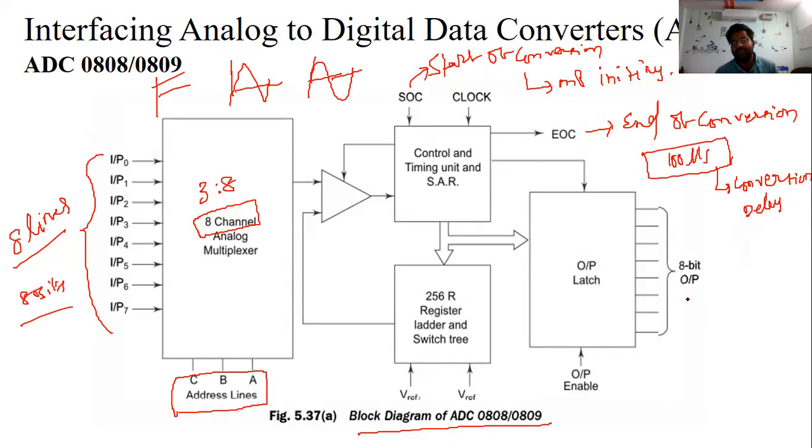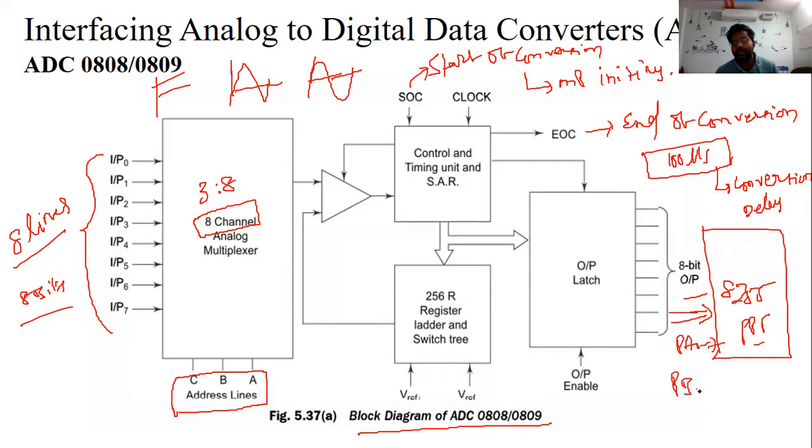So these are the 8 outputs. These output lines, this 8-bit output, are connected to the 8-bit port of the 8255 PPI, PA0 to PA7 or PB0 to PB7 ports.